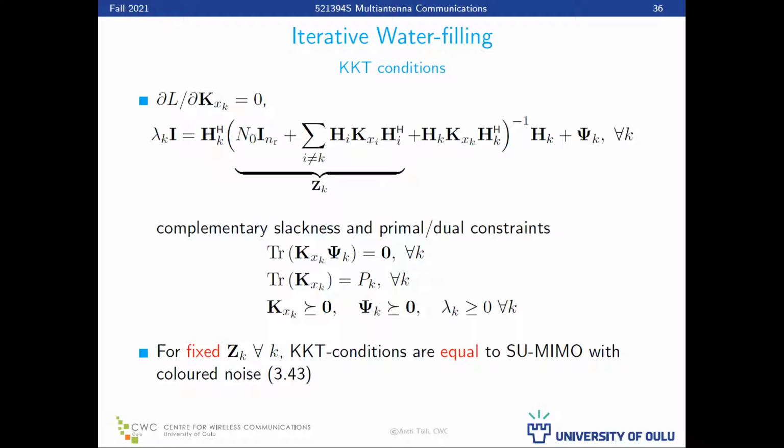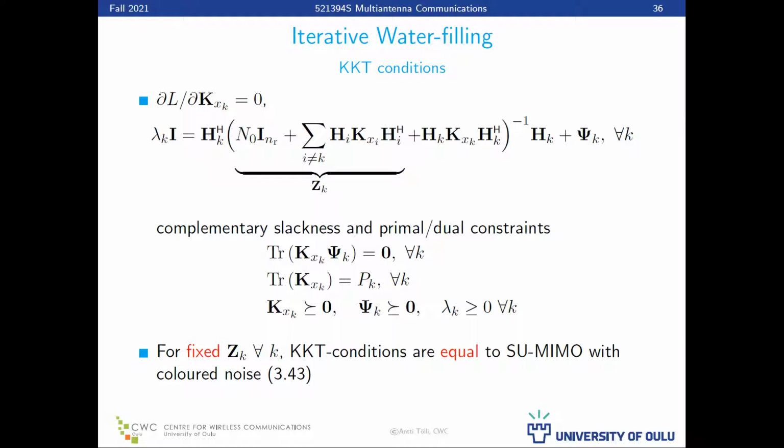So what we can see from here is that the KKT conditions are equal to those of the single user MIMO with colored noise, assuming this is the ZK. When you compute the KKT solutions for the single user MIMO with fixed ZK, you get exactly the same formula.